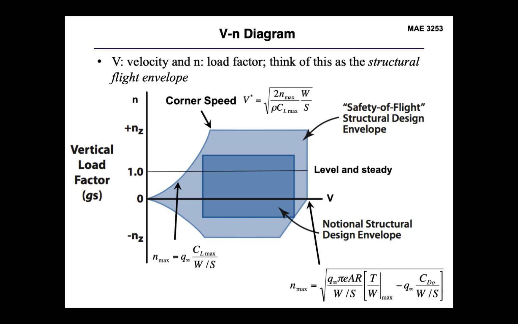The right-hand side then is going to be determined by the maximum velocity, the maximum capable sustained velocity for your aircraft. So you can go back to that Vmax equation and solve for level and steady flight, assuming n-max is equal to 1, to determine what that velocity is going to be and provide you with some bound for that particular max speed. Now, the most important point on our V-n diagram is going to be this corner speed.